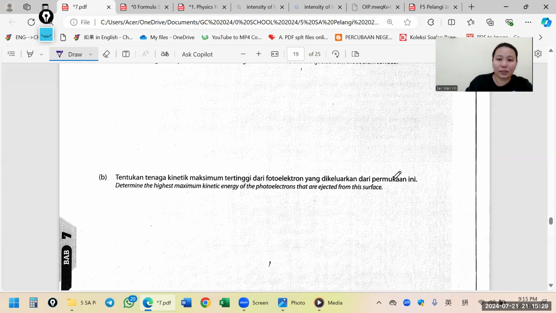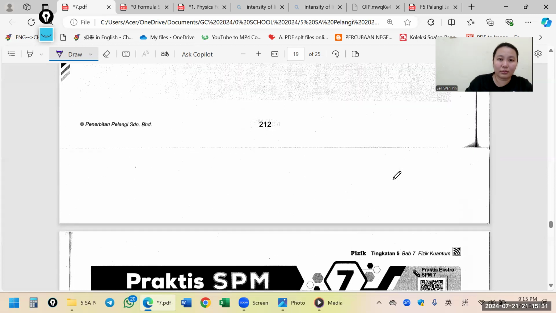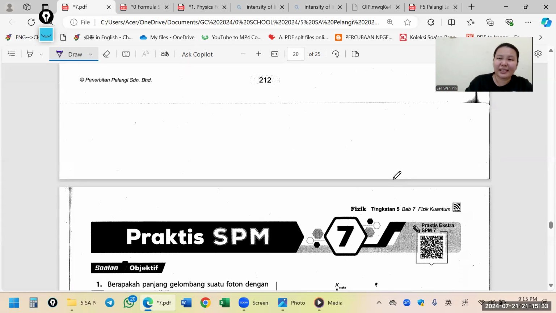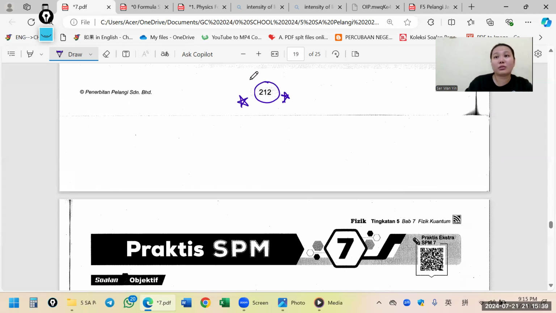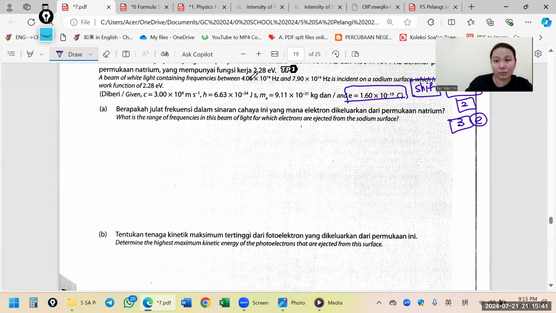Okay, so this one, I think next week we talk again. Next week we solve this problem and the graph problem. I think I need to study the graph.